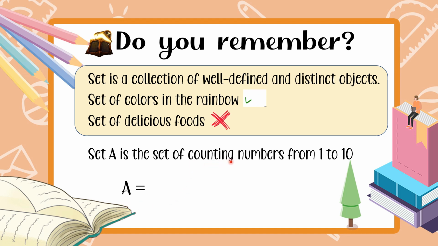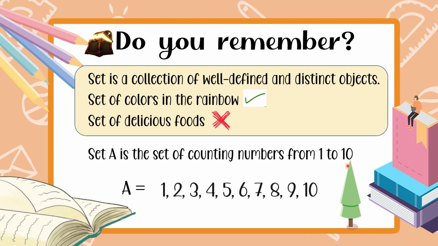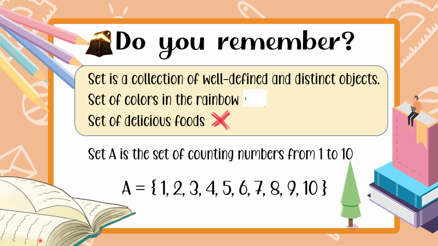So, ang kailangan natin is the set of counting numbers from 1 to 10 only. So, the elements are 1, 2, 3, 4, 5, 6, 7, 8, 9, and 10. Don't forget to separate them by commas. And also, don't forget to enclose it by open and close braces. Ayan.